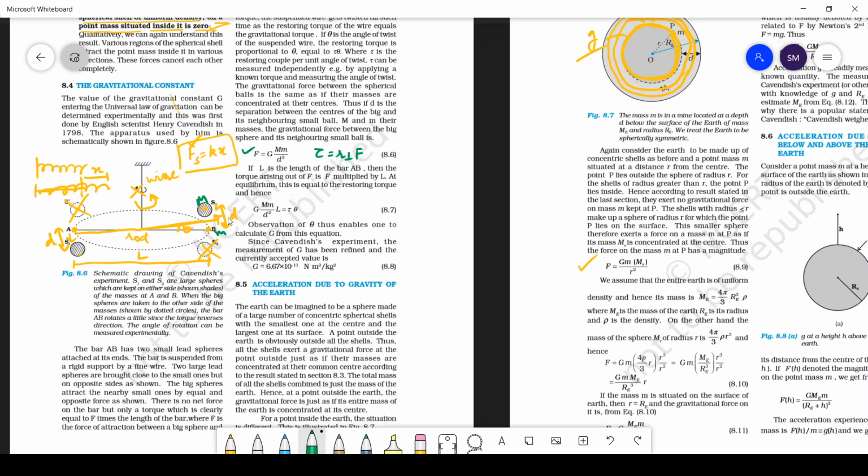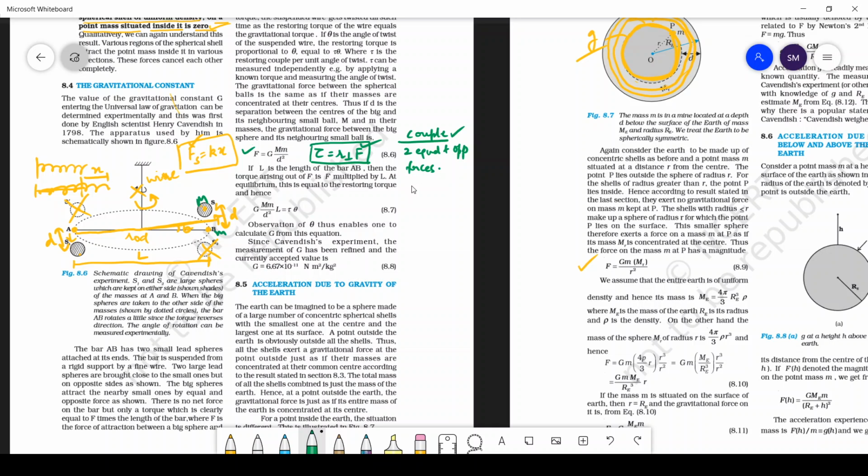Students, this is for one force, and when you have a couple, that means two equal and opposite forces along different lines of action, they make a couple.